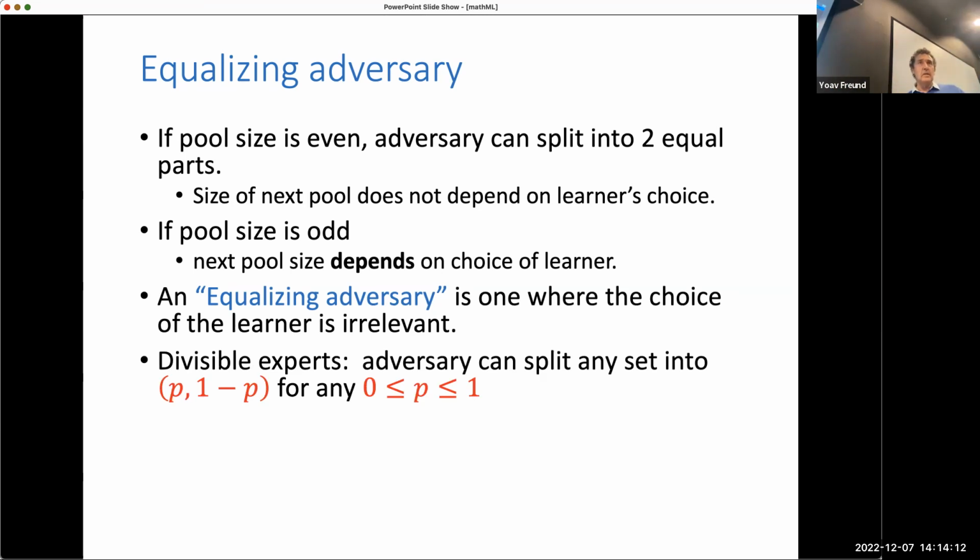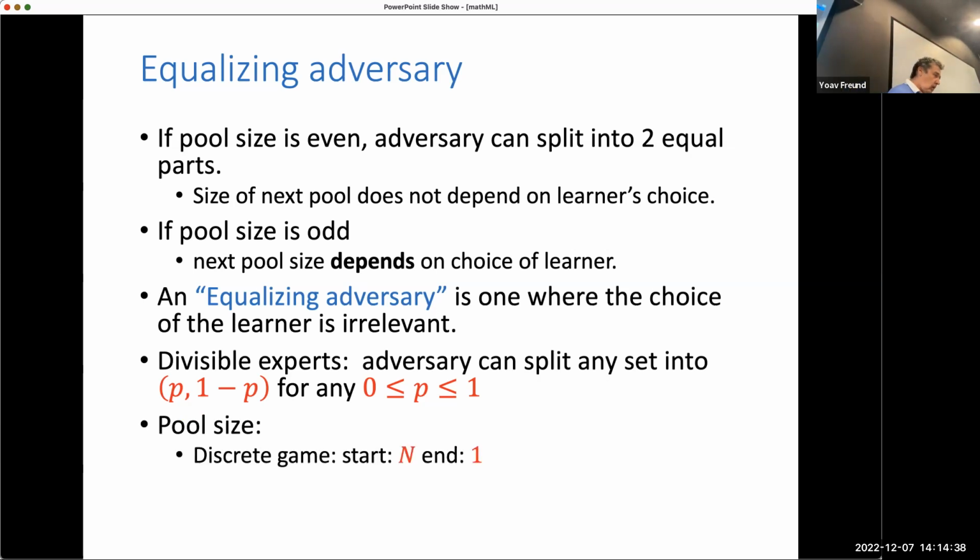Basically, I'm just assuming that the experts are not just individual things, but they're a continuum. You can always break an expert into 2. And that's actually very natural, because you can think about experts being polynomials of some degree. And so the parameters that define the polynomial is continuous, and you always can split the set. Okay?